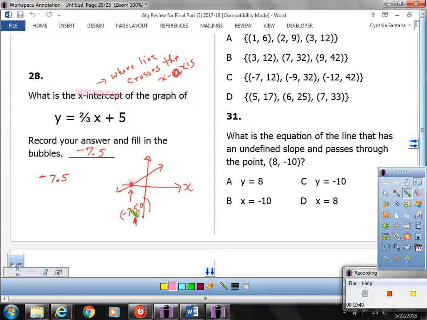It crosses the x at this number. So that's the only answer you should record on your gridable. I know that some of my students are trying to put a comma in the gridable, and there is no comma. You cannot put a whole coordinate point. So they just want this number here, okay, the x number.